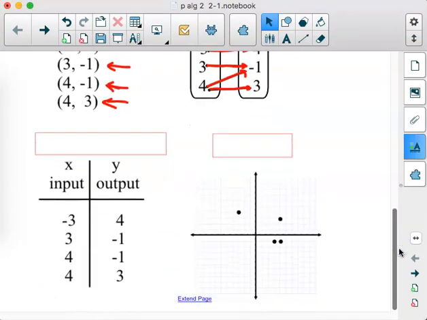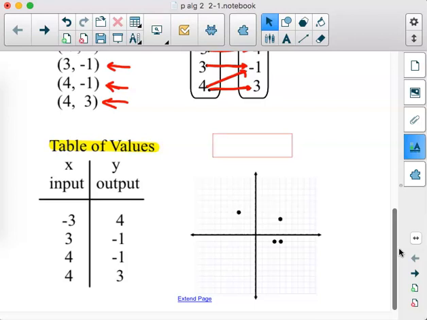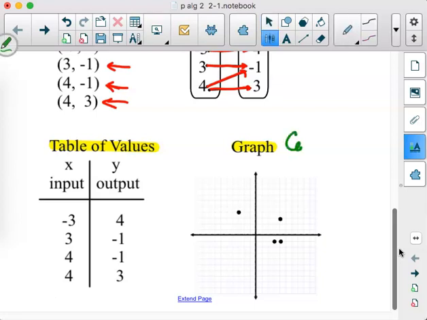So this is another one that we like when we have to graph, and this is a table. So a table of values. Notice it's the exact same ordered pairs that you see in the others. And then last but not least, this is why we have all of those things, so that we can graph. And this little graph here is called a lot of things, and the main name for it would be the Cartesian coordinate plane.